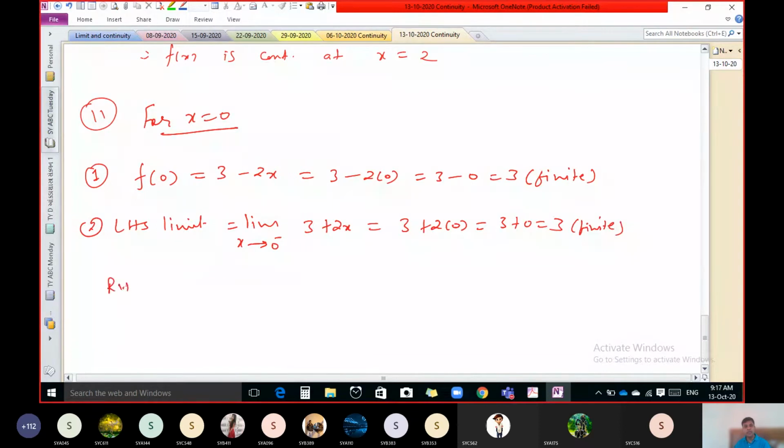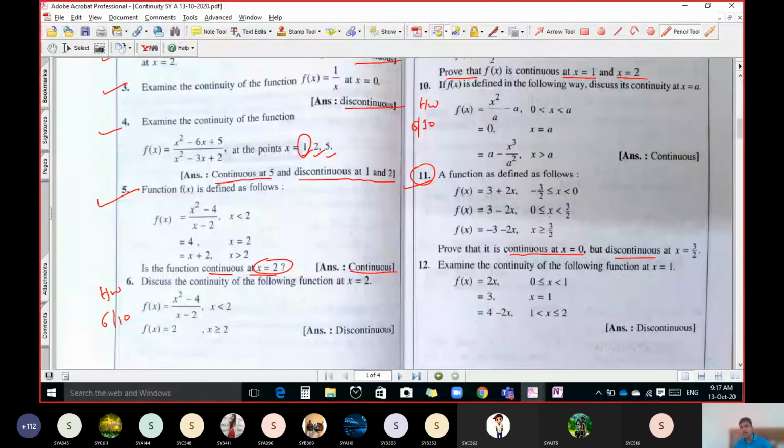And right hand side limit, x tends to 0 plus. 0 plus means more than 0. For more than 0, which one is the function? First, second or third? Nearer to 0 but more than 0, like 0.01. First one?